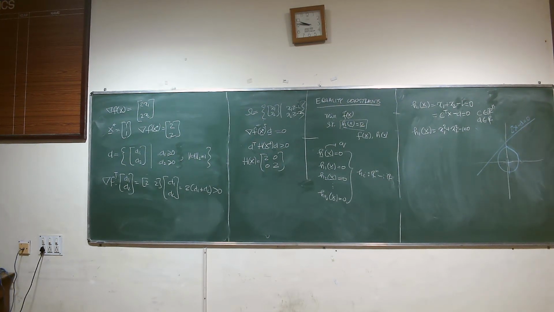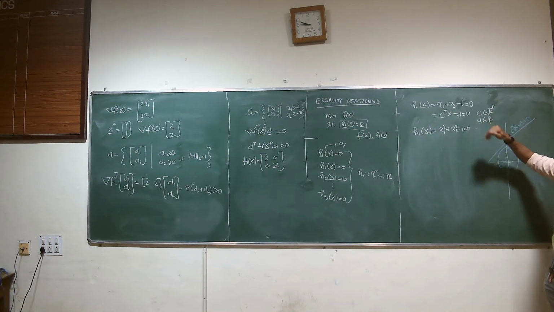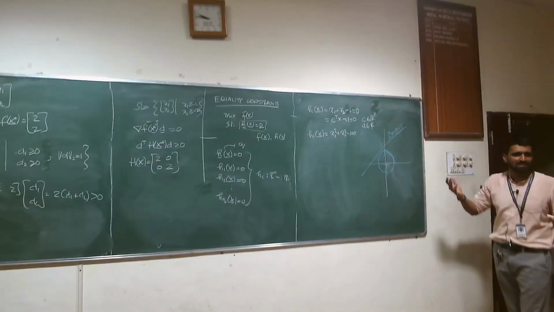What I'm trying to get at is that in each of these cases, each of these constraints, H1, H2, H3, defines a manifold. A manifold is simply a continuous surface in some higher dimension.